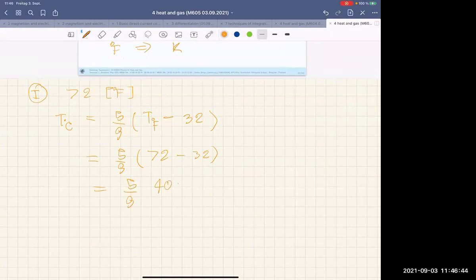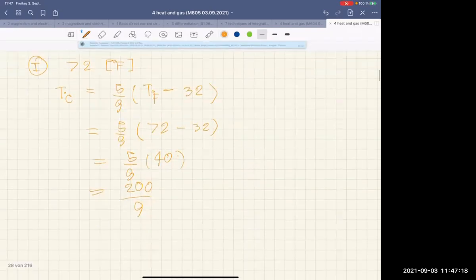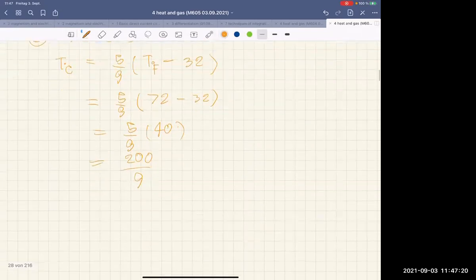Multiplying this gives 200/9, and using the calculator, it's equal to about 22.22 degrees Celsius.